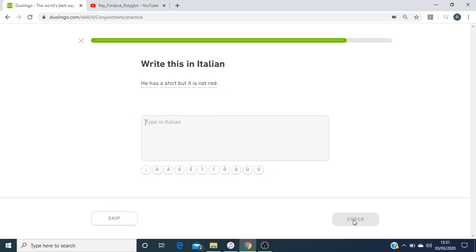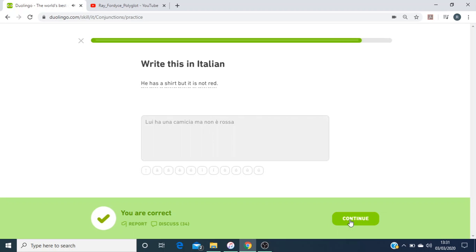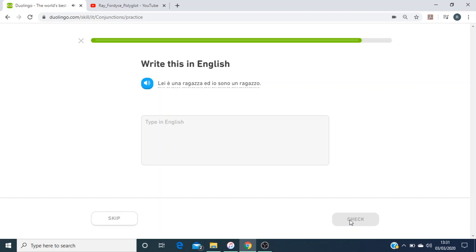He has a shirt, but it's not red. Lui ha una camicia, ma non è rossa. Yes. Lei è una ragazza ed io sono un ragazzo.